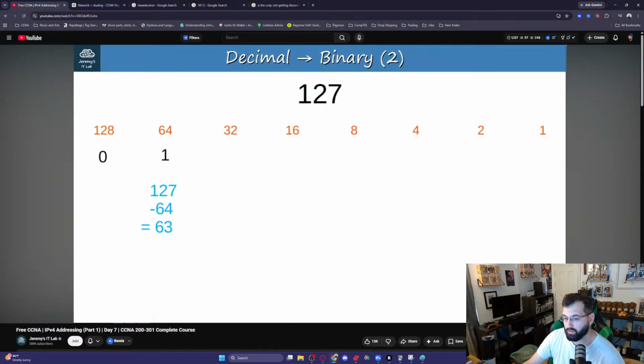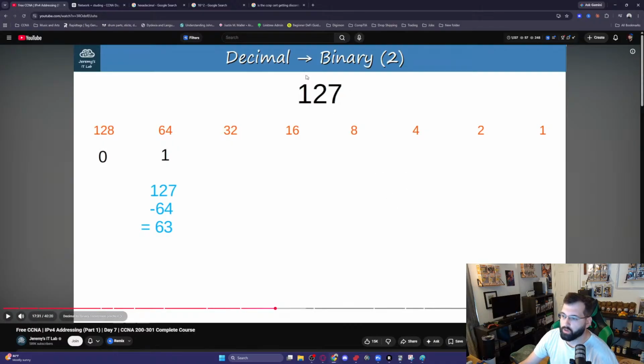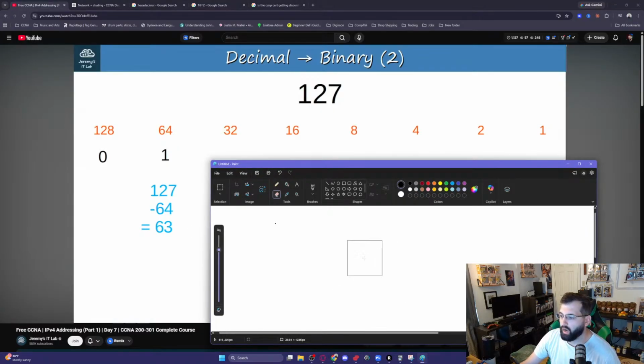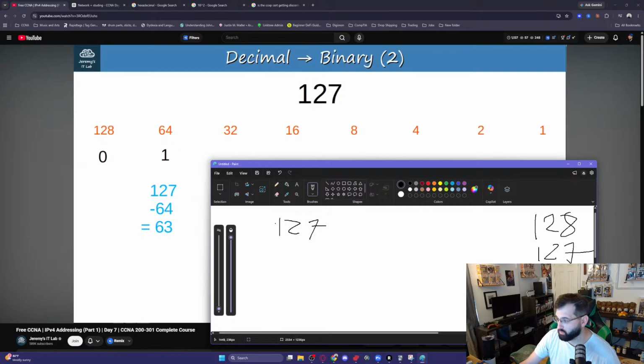Why can't we? The number has to go underneath. That was my problem. What I was doing is taking 127 and making it proper, 128 minus 127, which equals 1.